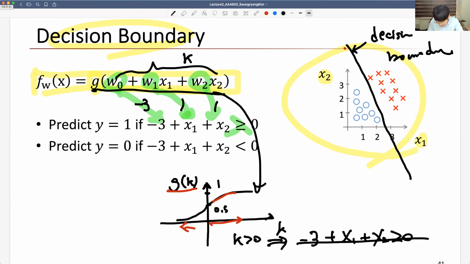Then this can be rewritten something like this, right?